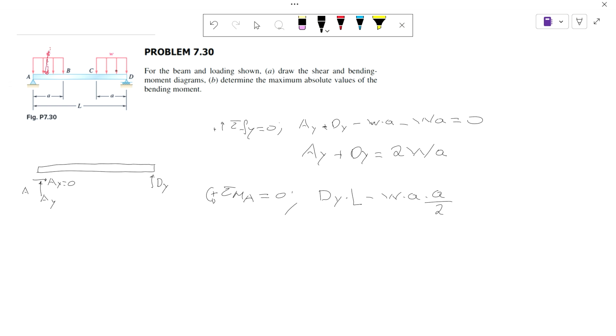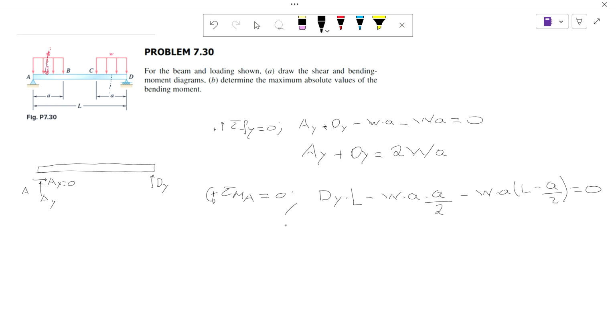And there's one more, which is also W times A, but this distance is going to be L minus A over 2. So minus, because it's clockwise, W times A times L minus A over 2, and this is equal to 0.